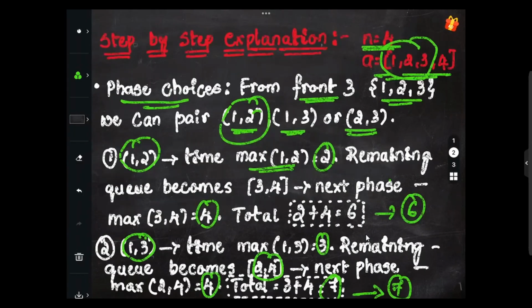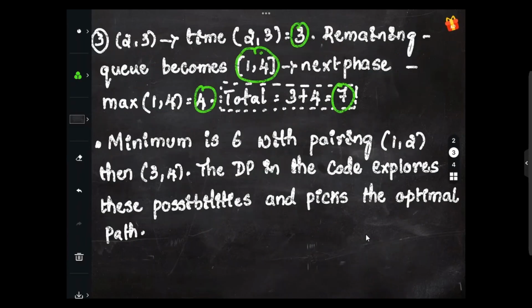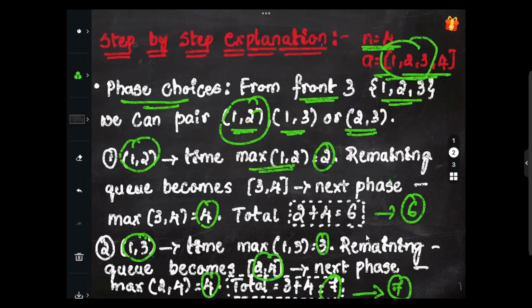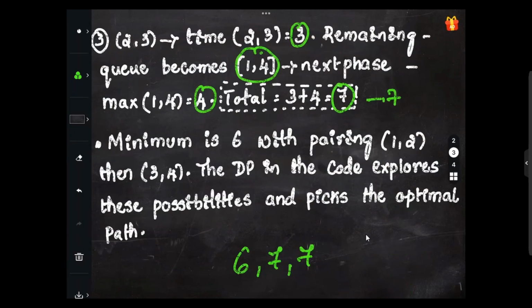So we got 6, 7 and 7, right? For the first one we got a total of 6, for the second one a total of 7, and for the third one a total of 7. So the minimum is 6, with the first pairing that we need to consider. For the pairing 1 comma 2 the total is 6, so we have to consider 1 comma 2 basically.